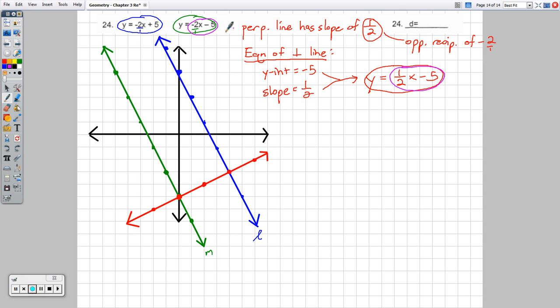Substitute -2x minus 5 in for y. Replace y with what it equals here. So substitution, using systems of equations, I can set up this equation: -2x minus 5 would have to equal 1/2 x minus 5. Since y equals both of those things, they can equal each other. We can set them equal to each other. My preference is to get rid of the fractions first.